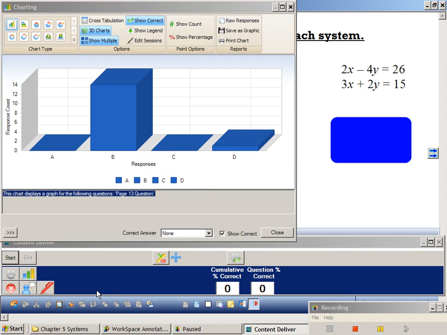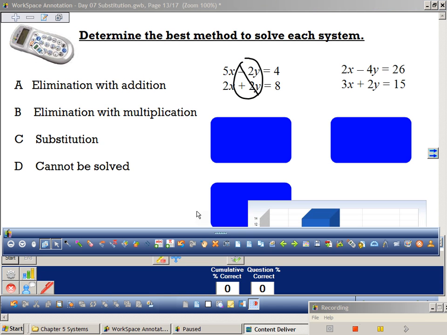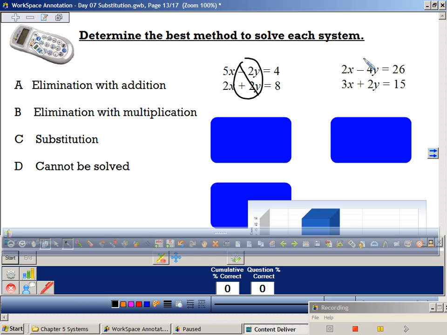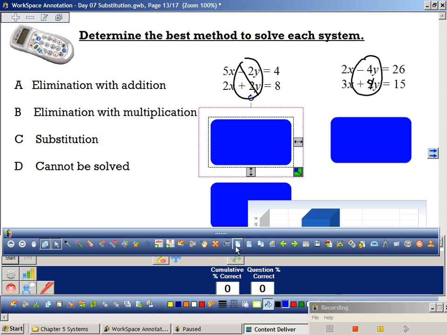Okay, you guys are done? Awesome. B. Guys, 5, 4, 3, 2, 1, my turn. You'd have to multiply by 2, wouldn't I, just multiply by 2? And then that would make these go away if I made that a 4? Okay, what about this one?